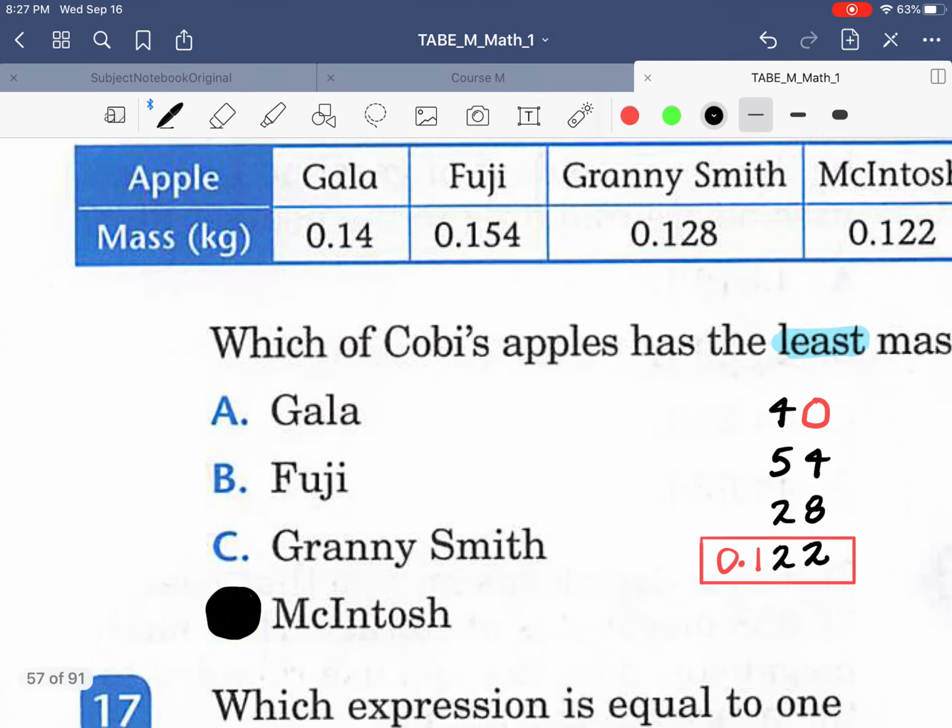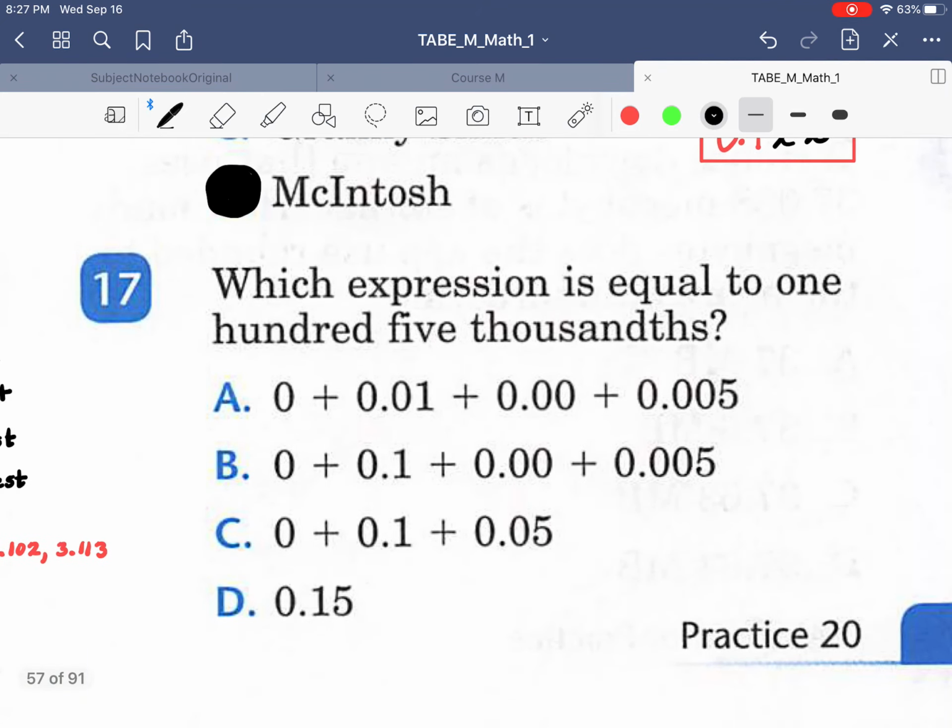Number 17. Which expression is equal to 105 thousandths? Well, that's a 0 in the whole number place, a 1 in the tenths place, a 0 in the hundredths place, and a 5 in the thousandths place.